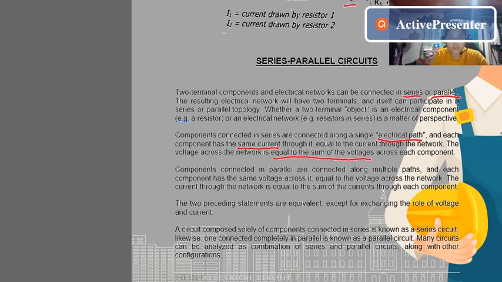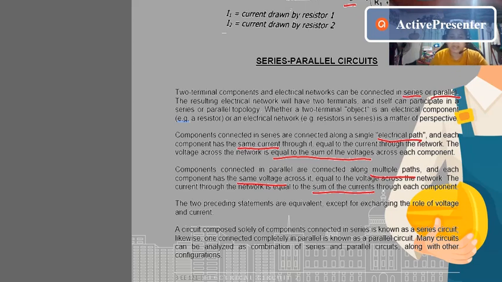So, ang components also in parallel, nahisgot na ta sa last topic, are connected along multiple paths and each component has the same voltage equal to the voltage across the network. The current through the network is equal to the sum of the currents through each component. The two preceding statements are equal except for exchanging the role of voltage and current.